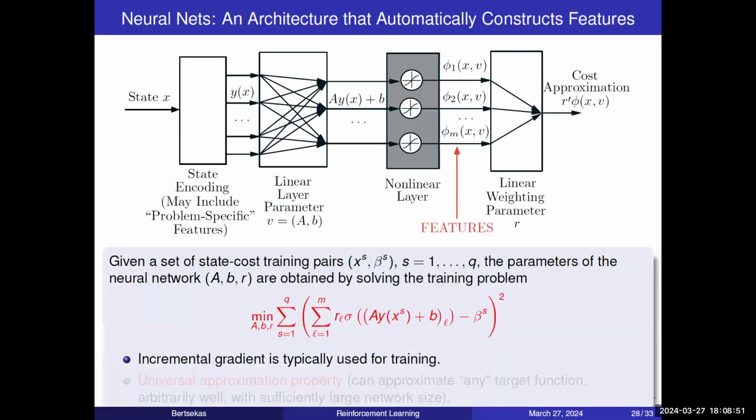Okay, let's get to some basics of neural networks. As I alluded to, neural nets are architectures that automatically construct features. And here is an example of a neural network with a single layer.